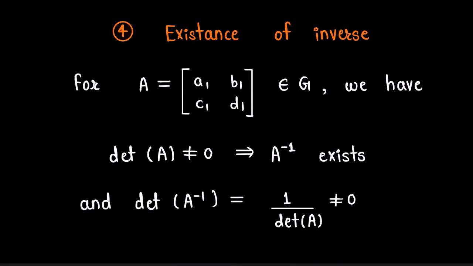Therefore, for a given matrix A the inverse exists, and also determinant of A inverse is equal to 1 upon determinant of A, and as determinant of A is non-zero, determinant of A inverse will also be non-zero.